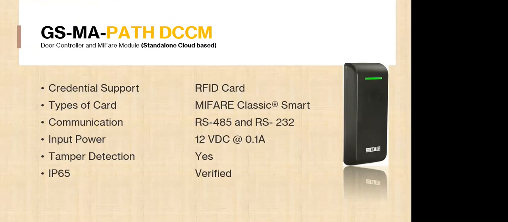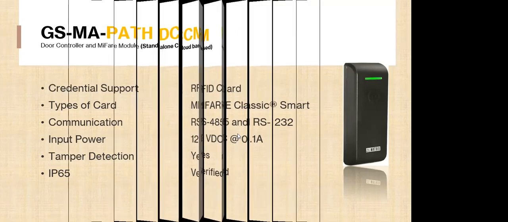It will keep on recording events, allowing and denying access based on the configurations that were already made. As soon as connectivity is established, the door controller will push the data to the central location. There's no manual refresh or you don't have to log into the system.